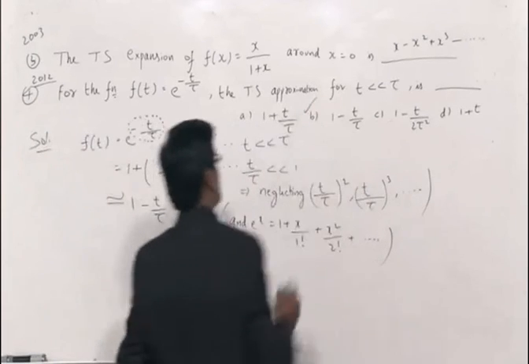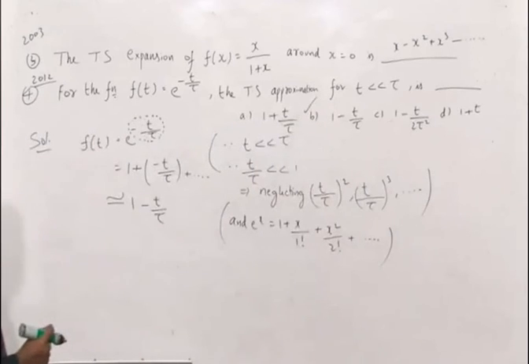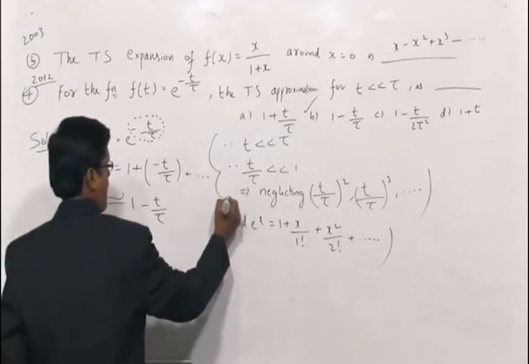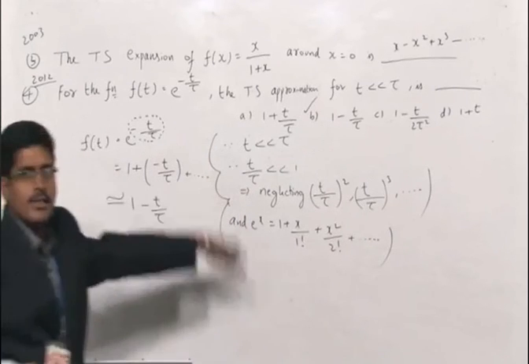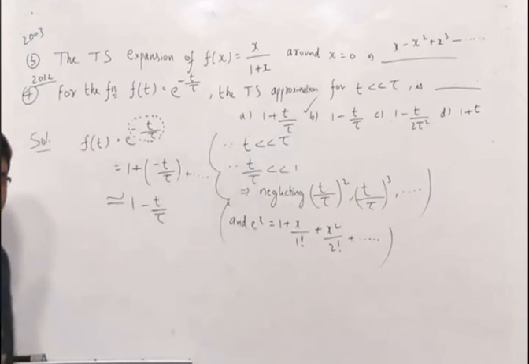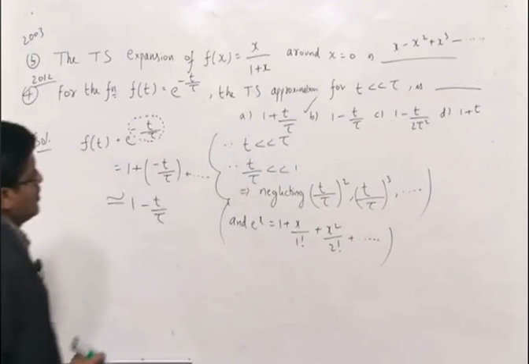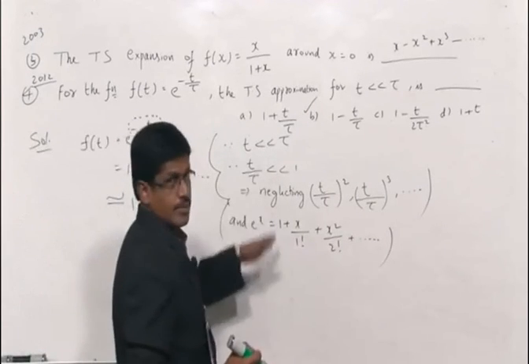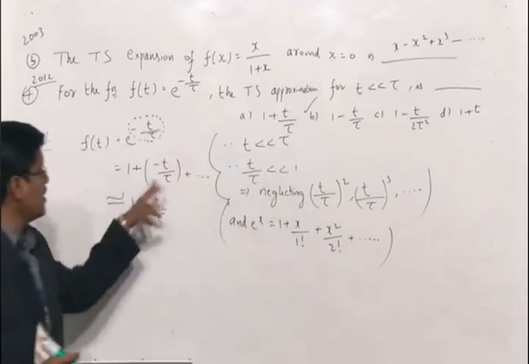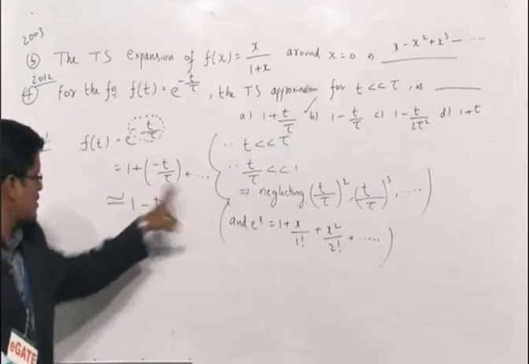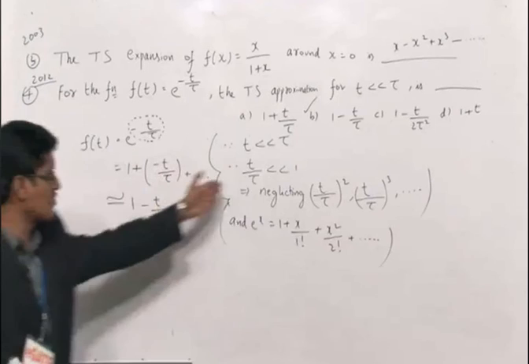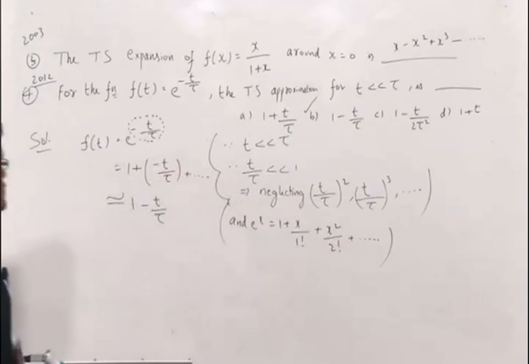So the answer is option B. Easy to understand. Take care about these reasons; I have written only one step and then put etc. This is approximately equal to 1 minus t by tau because of neglecting squares and cubes.